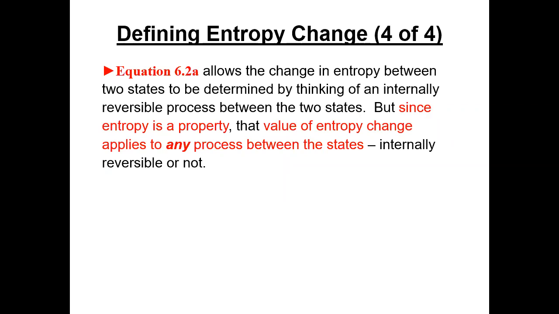If T2 is 200 and T1 is 100, the delta T is 100, and I don't care if you went to the South Pole and back, you still have that same delta T between them because it's a property. Entropy is the same way. Even though we go through this derivation in terms of an internally reversible process, it applies to all processes, whether they're internally reversible or not.